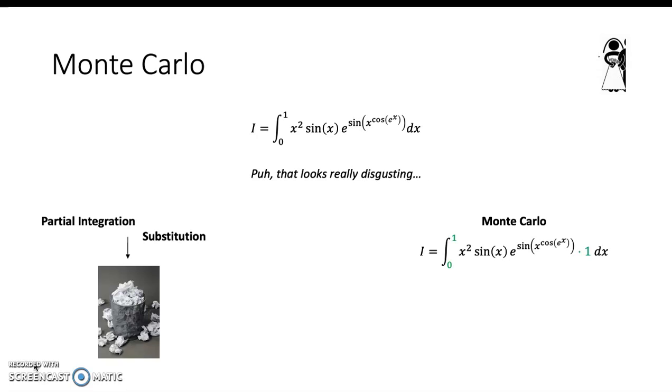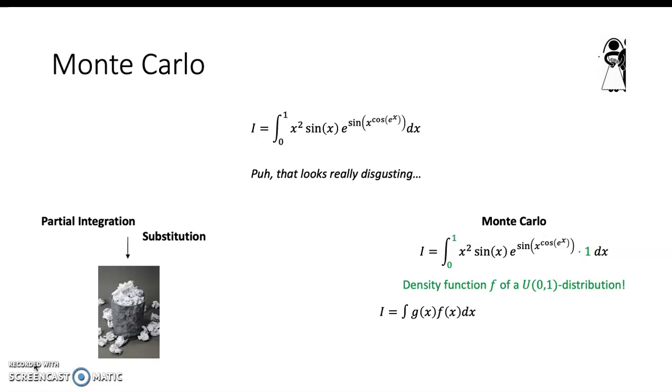So people use Monte Carlo. They realize, oh, if I just put a 1 in there, I multiply this whole bunch of terms with a 1, and I realize the boundaries of the integral are just from 0 to 1. Then I realize that is actually just the density function of a uniformly distributed random variable over 0 and 1.